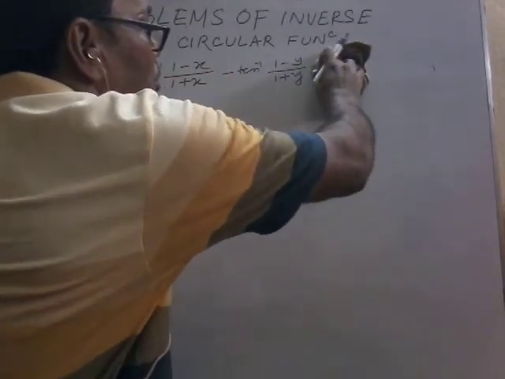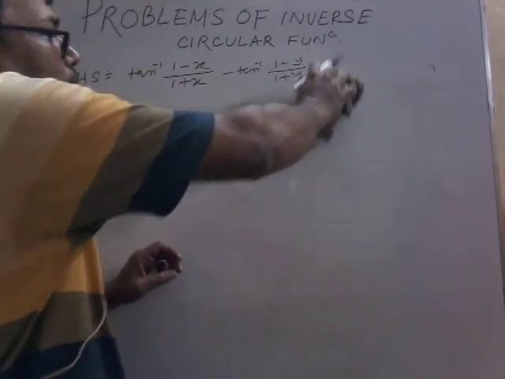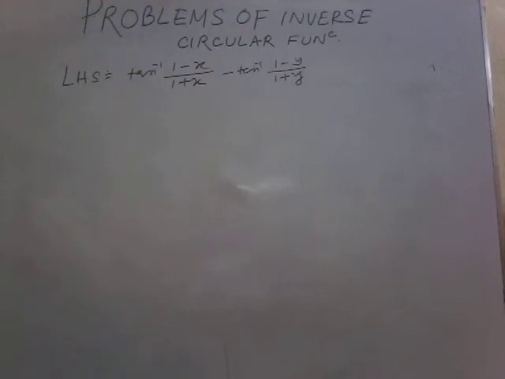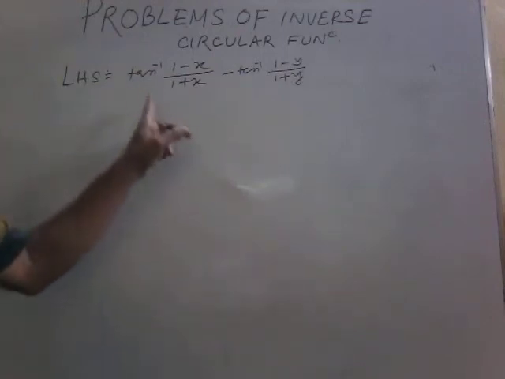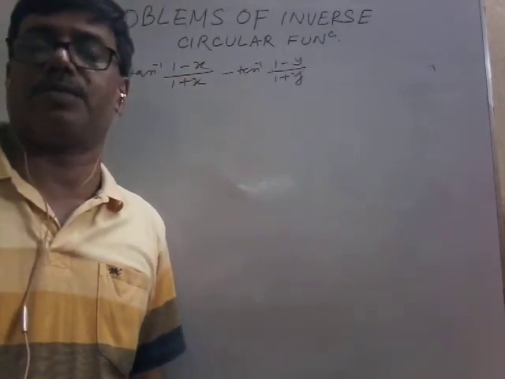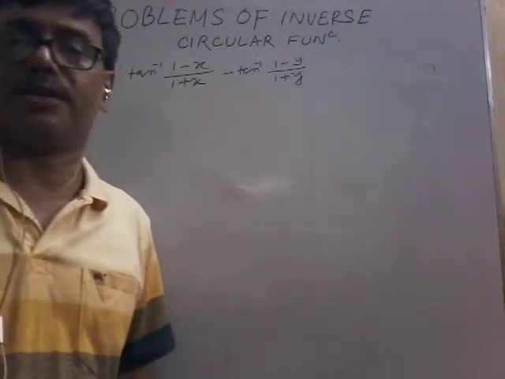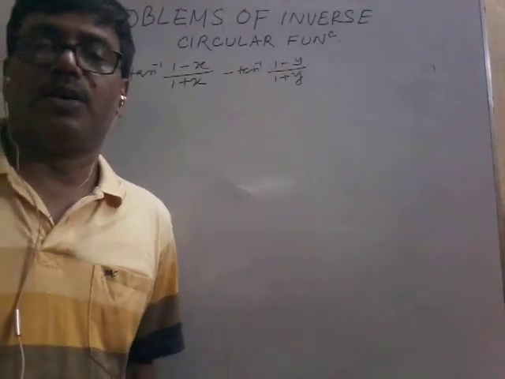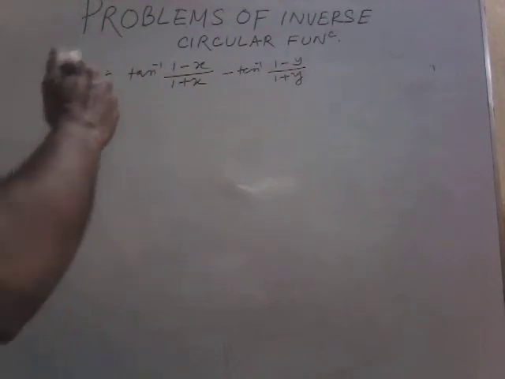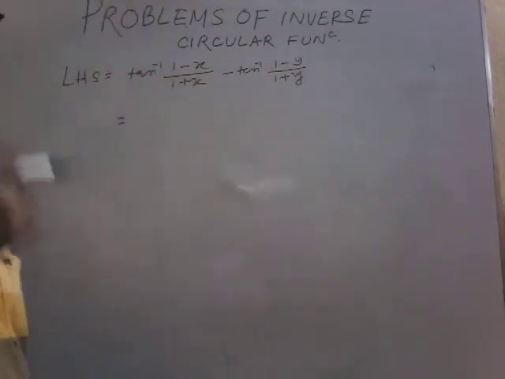The right hand side is in terms of sine, so if we convert tan into sine, then the formula of sine inverse x minus sine inverse y will be difficult. That is why we try to simplify it into a simple form.